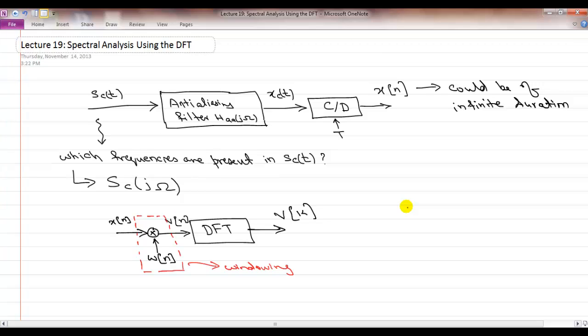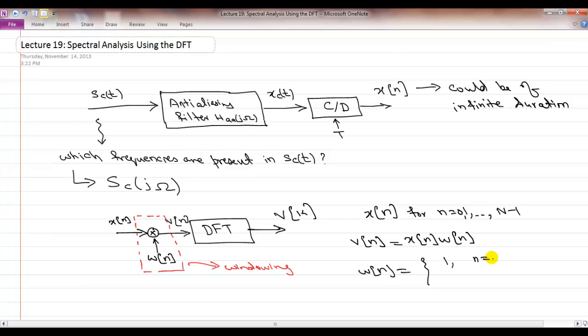If you say I'm going to only look at xn for n equal to 0, 1, up to N minus 1, that is equivalent to saying I'm looking at vn equal to xn times wn, where wn is 1 for n equal to 0, 1, up to N minus 1, and 0 otherwise.